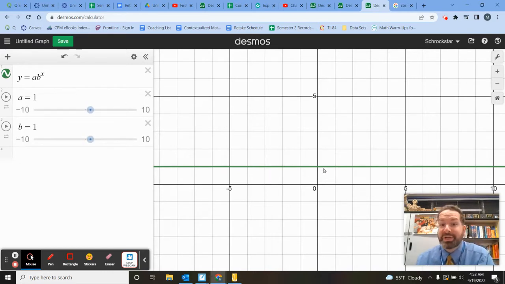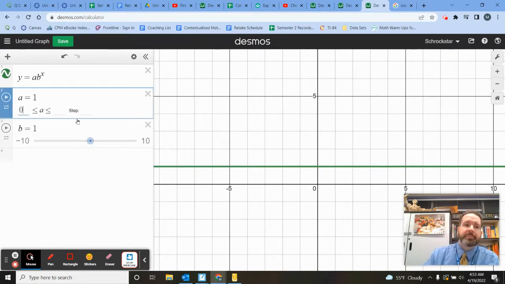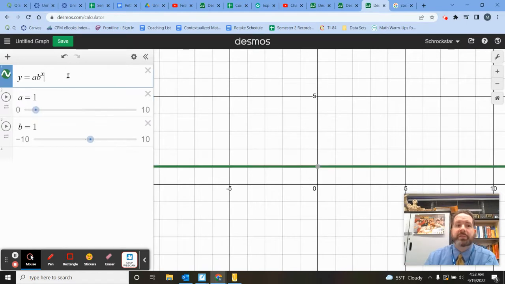And when you do, you're going to get a graph that doesn't look very interesting. What I want you to do is change the boundaries on your sliders. So click here under the A where it says -10. Would you just make your range of A go from 0 to 10? So 0 on the low end, 10 on the high end, and then just click out of the box.